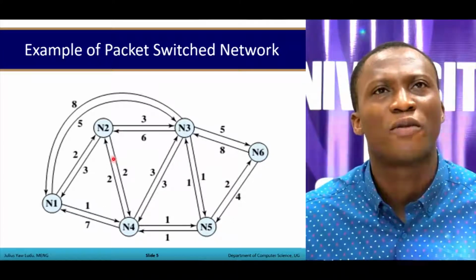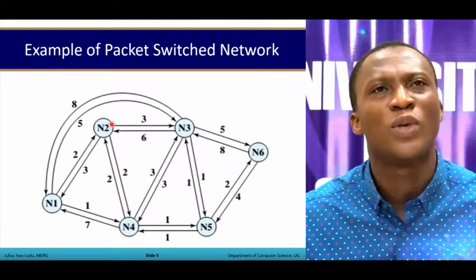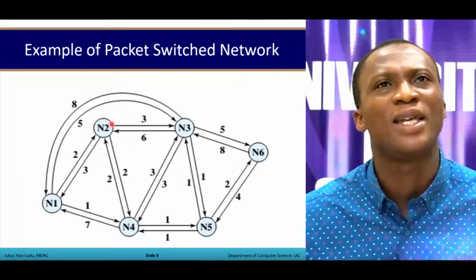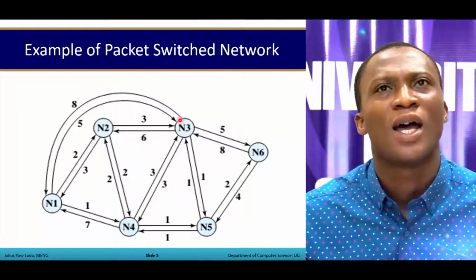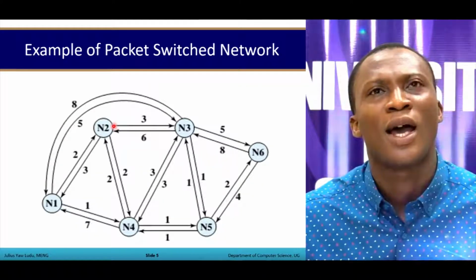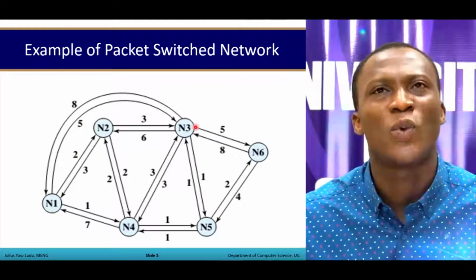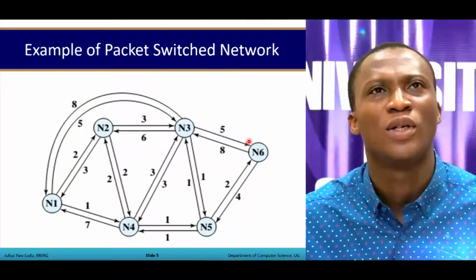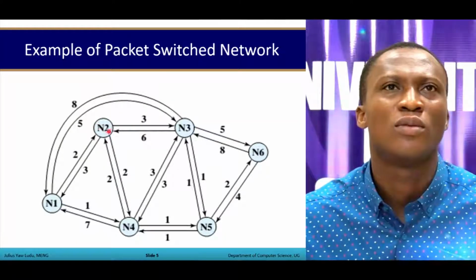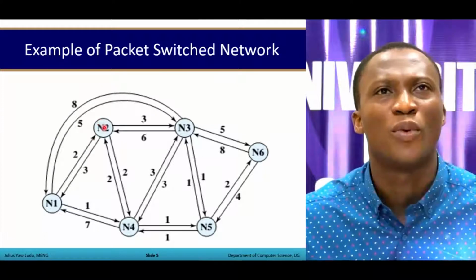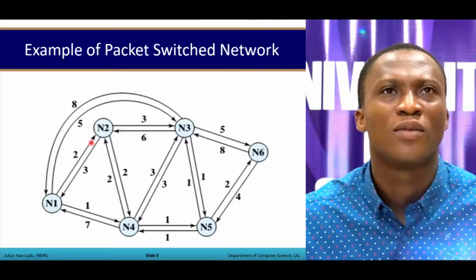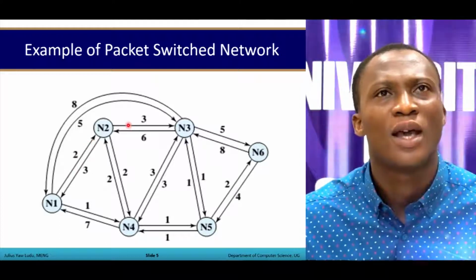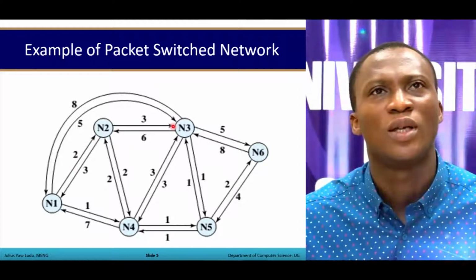Now, in terms of graph, at each node, we talk about the in degrees and the out degrees. An in degree is when an edge comes into a node. An out degree is when an edge is leaving the node. So, taking node 2, for example, node 2 has an in degree coming from here and an out degree going this way.